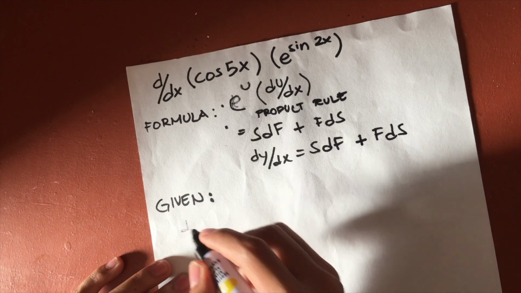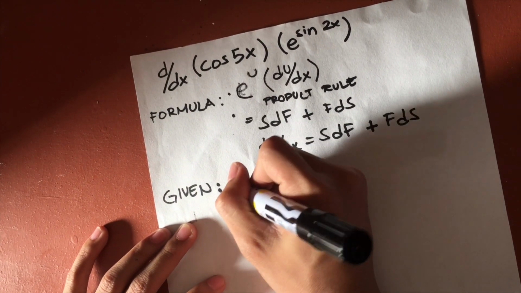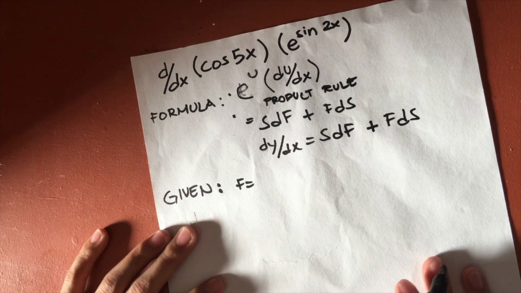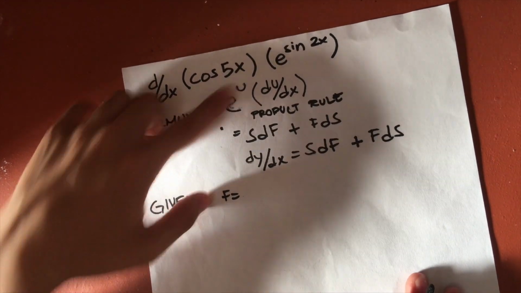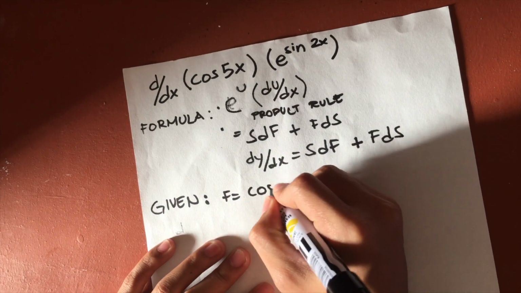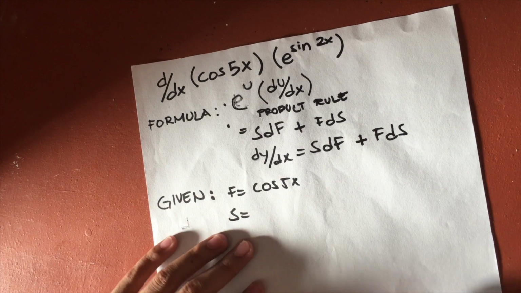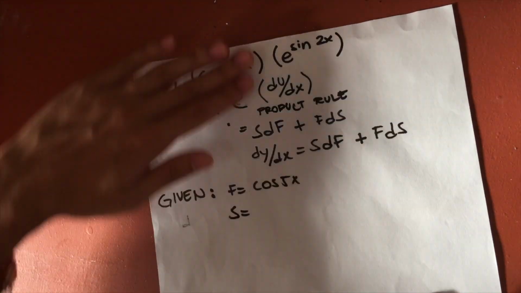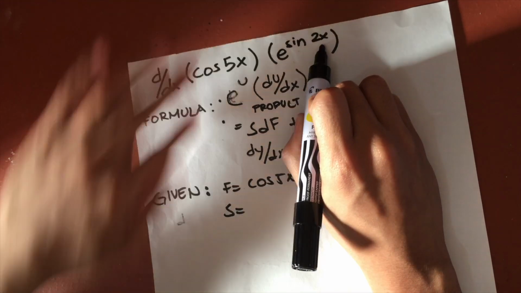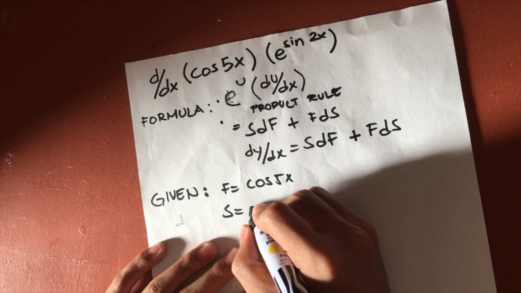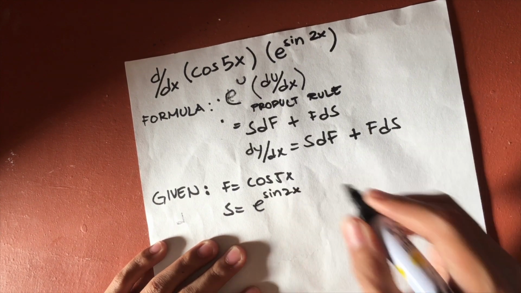Here, the first equation is cos 5x. The second equation is e to the power of sine 2x.